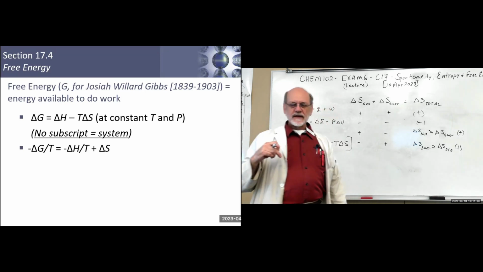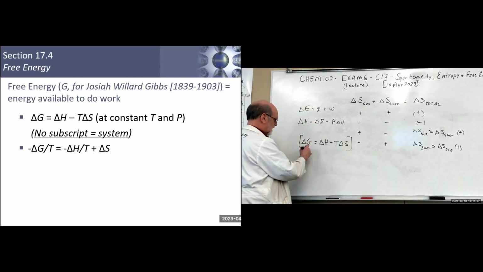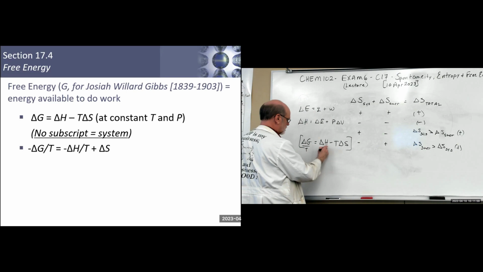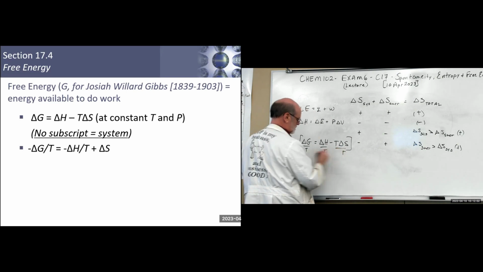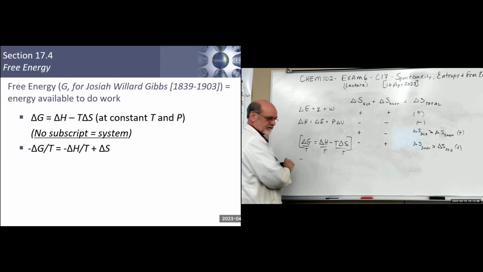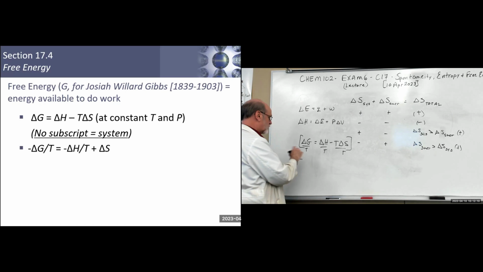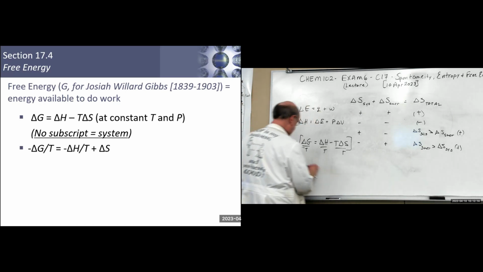All right. If we divide the entire equation through by temperature, that's what we've done here, and we change the sign, so we throw a negative through the whole thing.